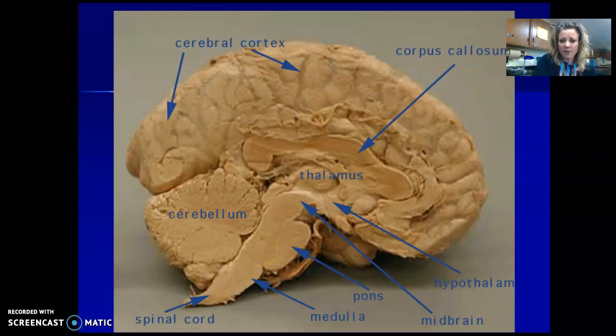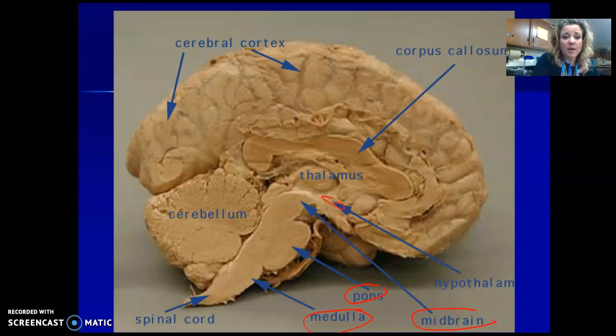And so here you can see where the hypothalamus is, right over here. But more importantly, just to review our brainstem, we have the midbrain, the pons, and the medulla. And then notice that the medulla is continuous with the spinal cord without any landmark really showing that the medulla has stopped and the spinal cord has begun.